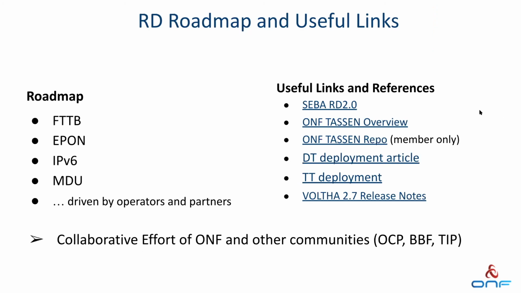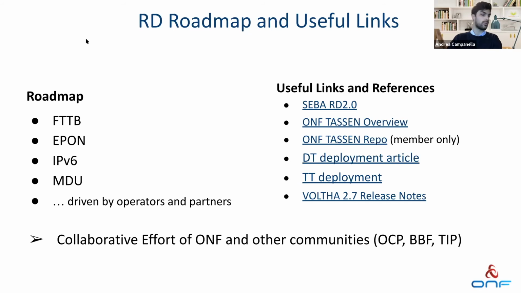So as we all saw with the great contributions and the great status of the reference design 2.0, there's still some room for improvement and some next steps that we want to take as a reference design community. We want to codify and have more thought and a more well-defined FTTB discussion and implementation in the RD and then in the code.